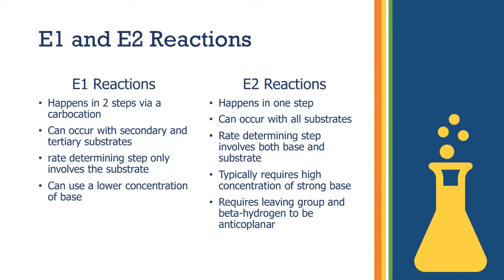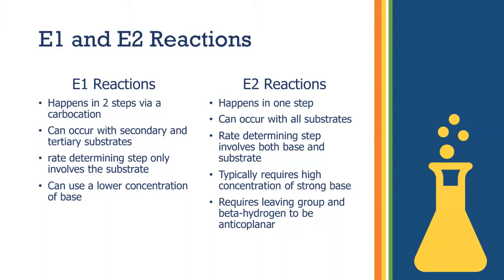So dehydrohalogenation and other beta elimination reactions can happen through two different mechanism pathways. The first one is E1 reactions. They happen in two steps via a carbocation. Just like SN1 reactions, if you remember, SN1 is two steps, SN2 is one. E1 reactions can occur with secondary and tertiary substrates.